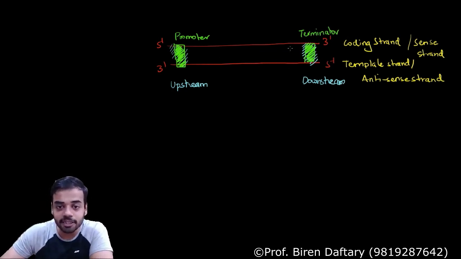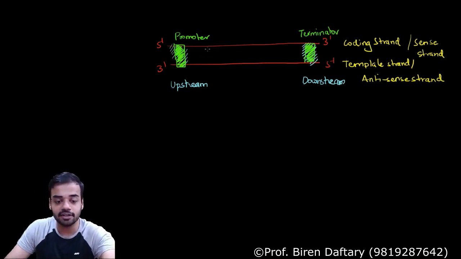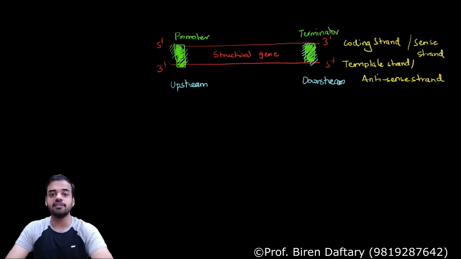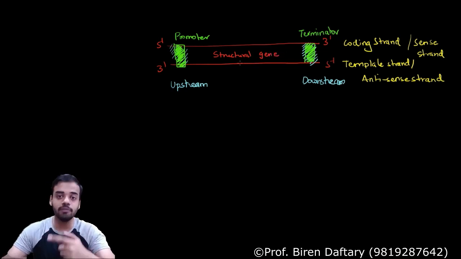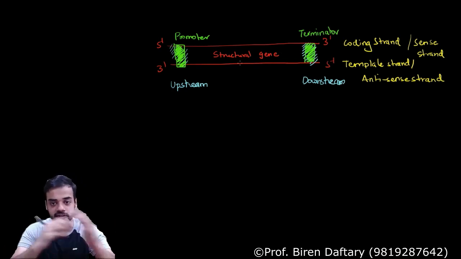What is present in between? Something which is called as structural genes. So all the nucleotide sequences together form the structural gene. Structural gene will be converted to a complementary mRNA. Is this clear?